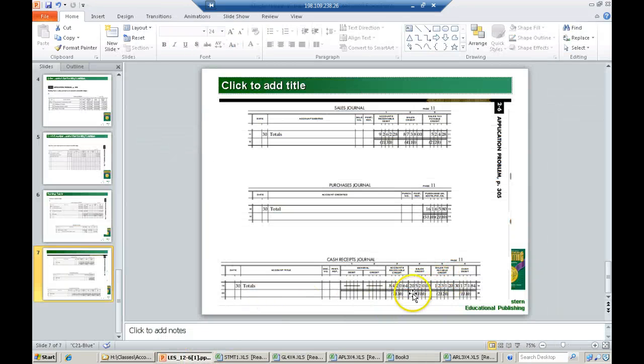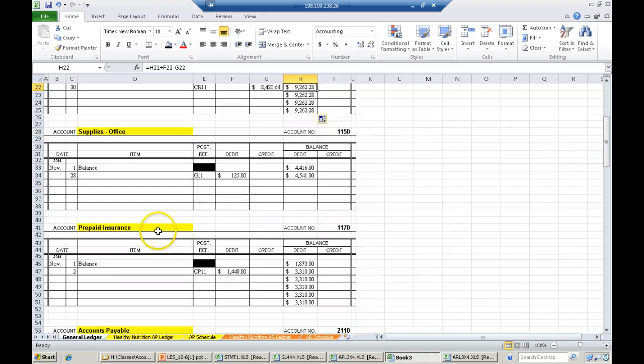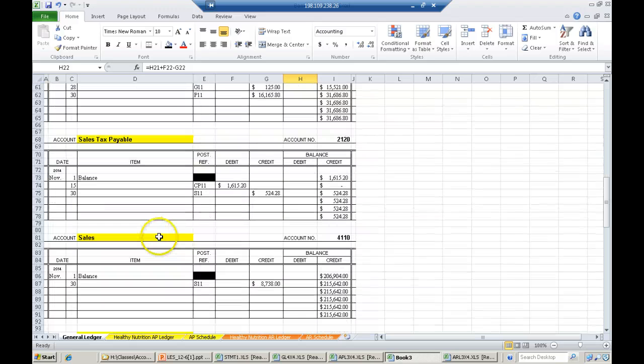Next column is the sales credit of $20,520. So let's go to our sales. On the 30th, this again was the cash receipts journal, page 11. Debit of $16,165.80.